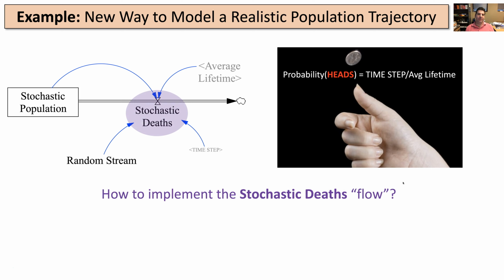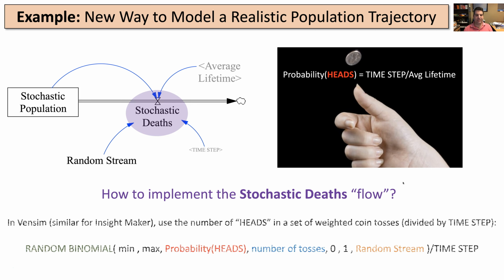So how do we implement this inside a program like Vensim or InsightMaker? I'm focusing on Vensim here, but the solution is similar in InsightMaker. There is a function inside Vensim called random binomial. It's a funny name, but if you remember from a probability course, you may think of Bernoulli trials and the binomial distribution, and that's where this comes from.